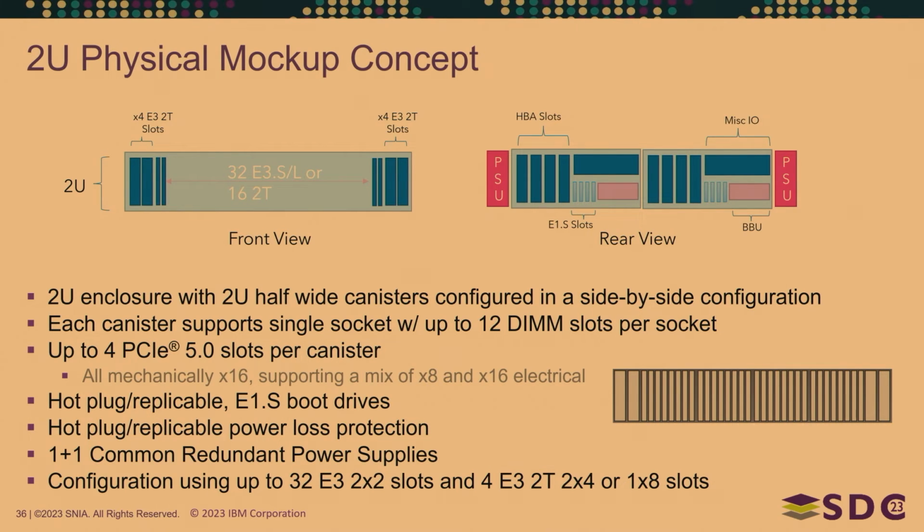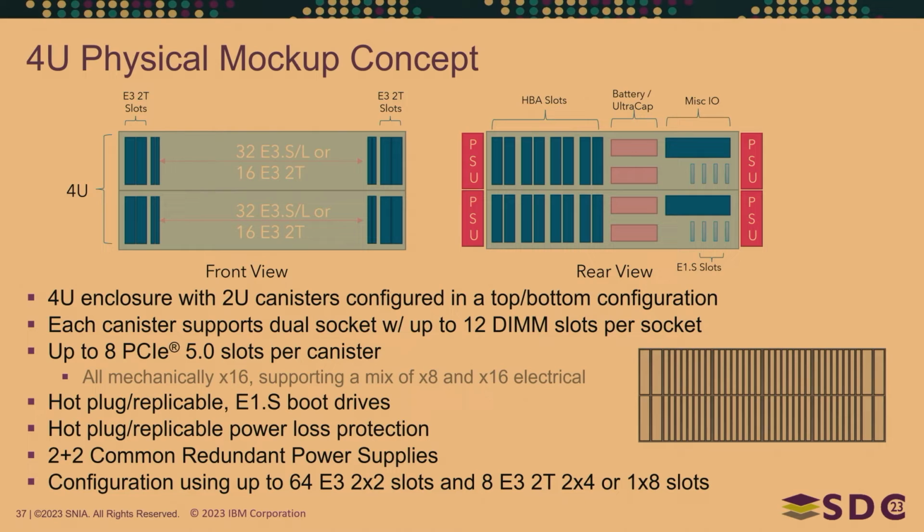Each canister can support up to 12 DIMMs per socket, up to 4 PCI Express slots in the back, hot pluggable, replaceable E1.S boot drives, hot pluggable and replaceable power loss protection, and 1+1 common redundant power supplies. And on the front end, you can have the 32 E3 devices and 4 E3 2T devices, as in the concept from the white paper.